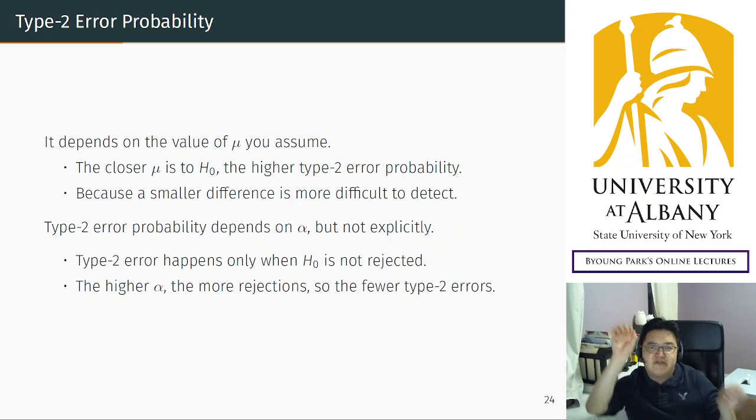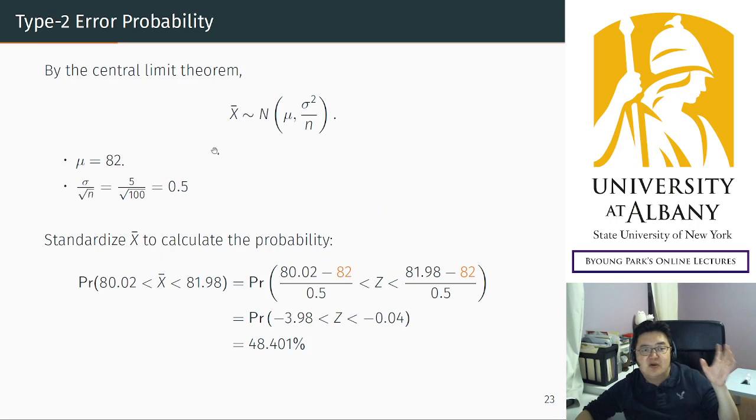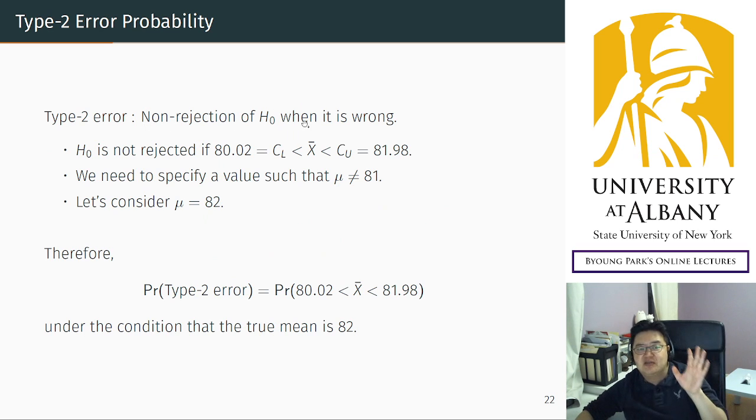But if the fake drug is similar to the original, authentic one, then it is hard to detect the fake one. If you fail to detect what's fake, what's wrong, that is type 2 error, right? Because type 2 error happens when you do not reject a wrong hypothesis. So if a drug actually has a wrong amount, then you had to reject it.